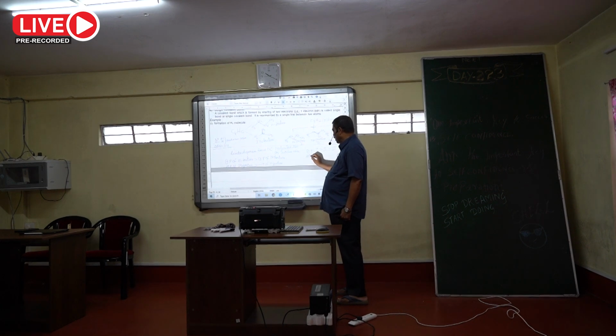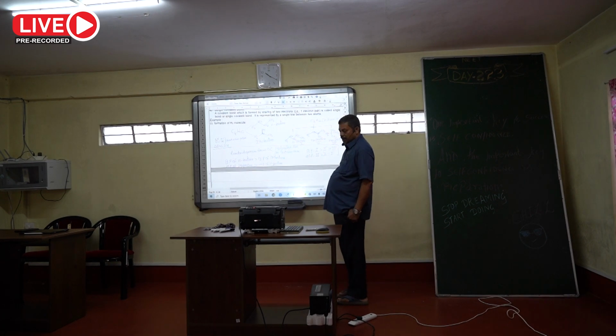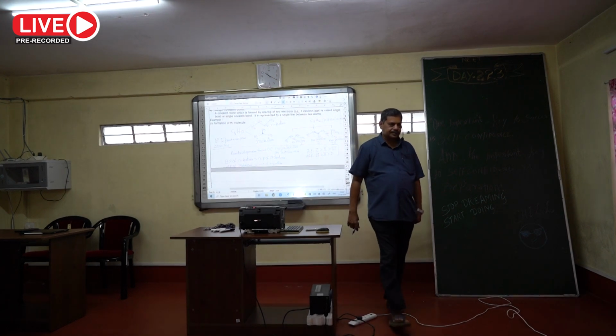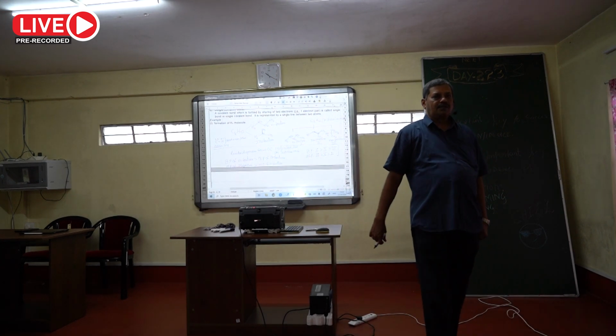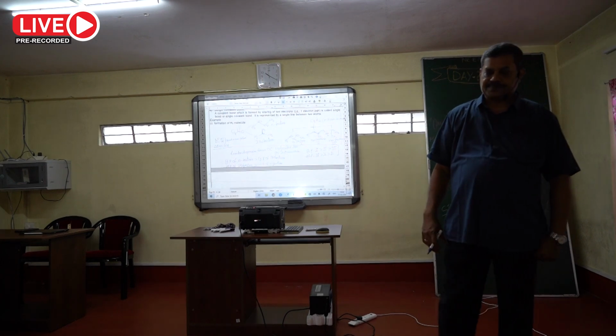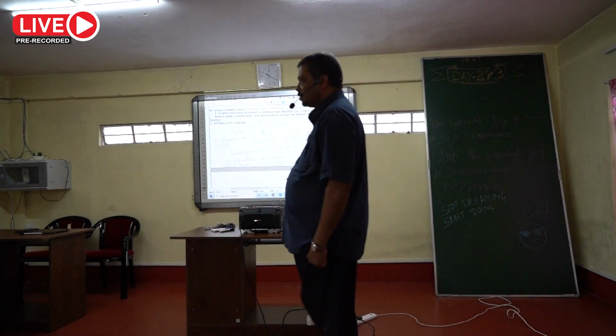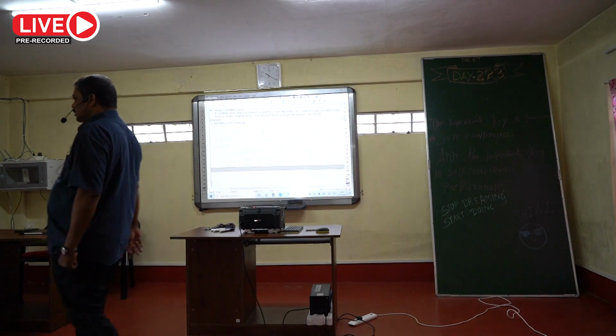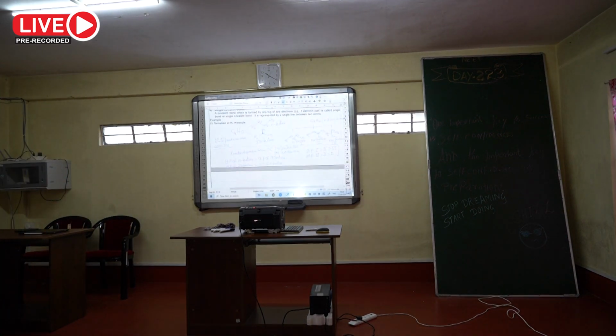You write the melting point, it is exactly the reverse. So I have given the answer, you have to give the reason why melting point is reversed. Write the point. Melting point is related to solid state.